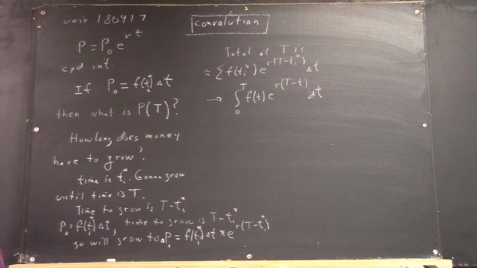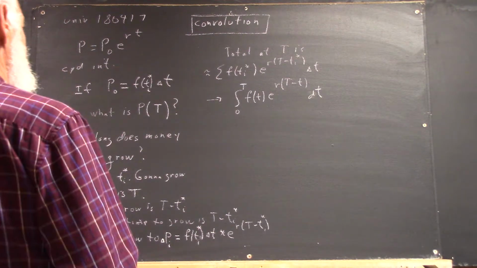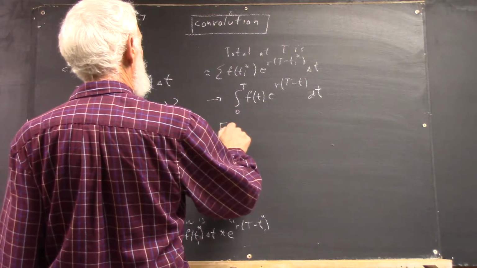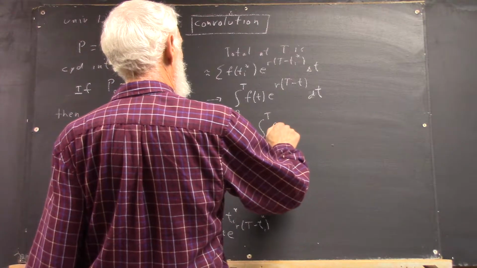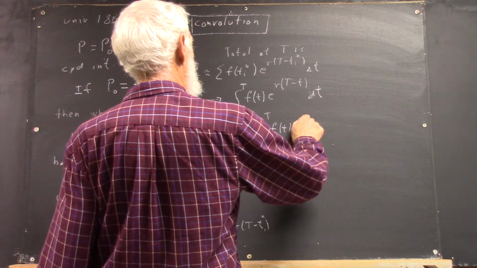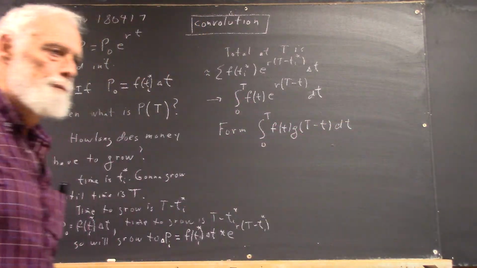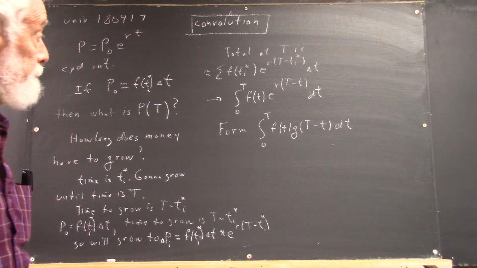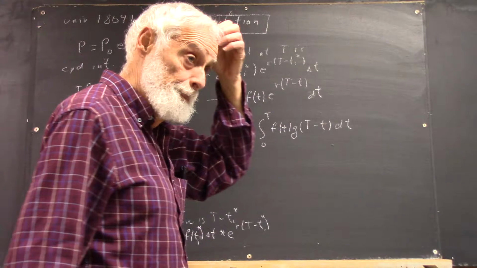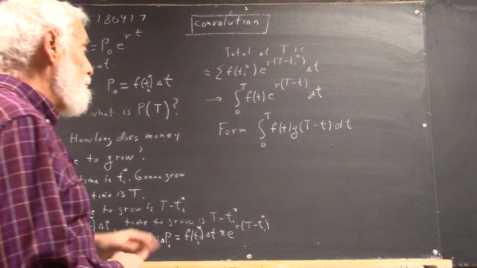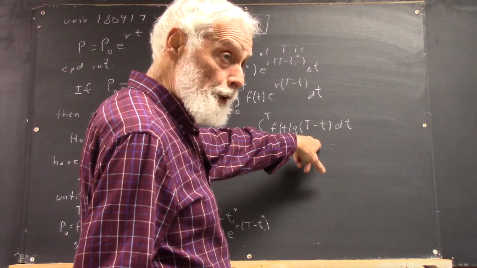Now, this is of the form, right? Yeah, this is a function of big T minus little t. This is function T, and it goes from 0 to big T. Okay? And that's an example of a convolution. Now, the general definition of a convolution.